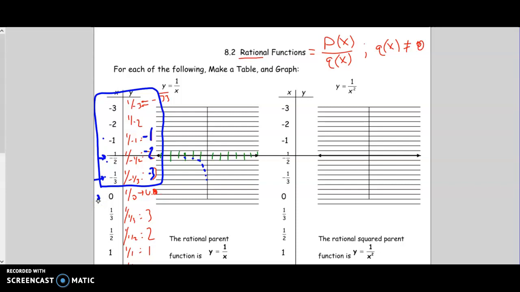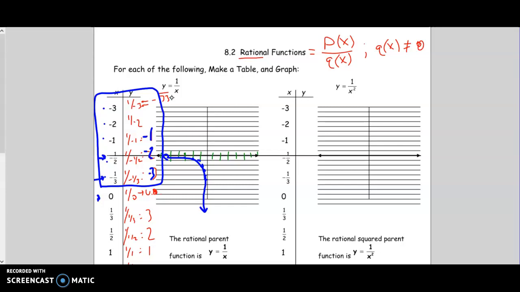So it just gets closer and closer to the y-axis, but it'll never ever hit it. On the other end, as x gets larger and larger in the negative direction, the y coordinate gets closer to 0. So this is one branch of the function.